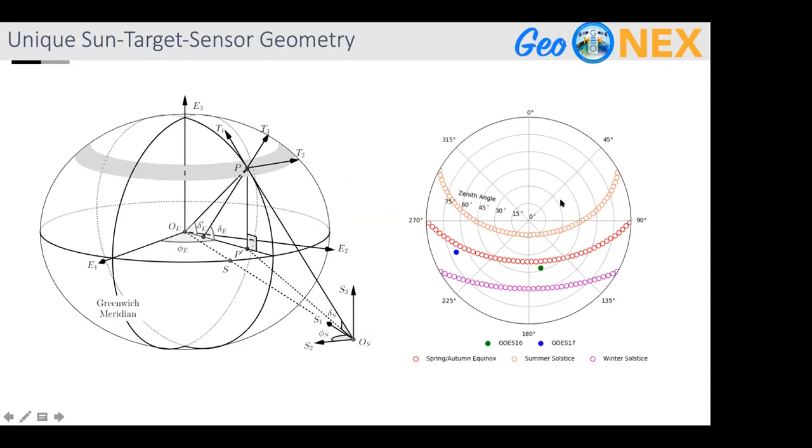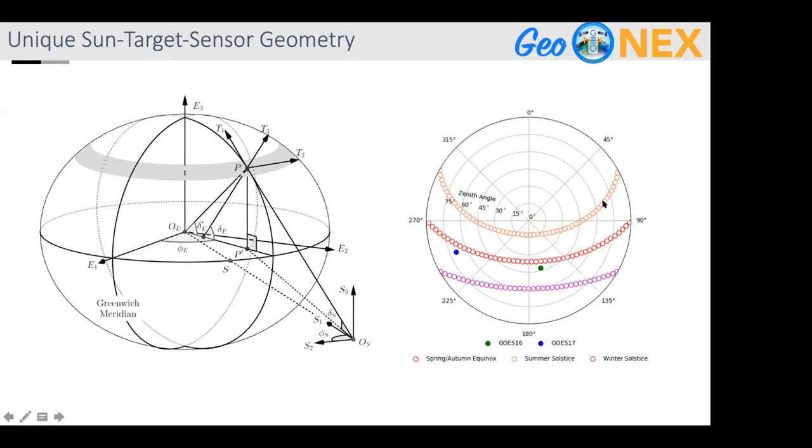On the right-hand side, this chart, for instance, is probably San Francisco. GOES East will always be in your southwest. Now, GOES 17, which is GOES West, will be west-southwest or southwest, right? At the same time, the sun moves at every time step.